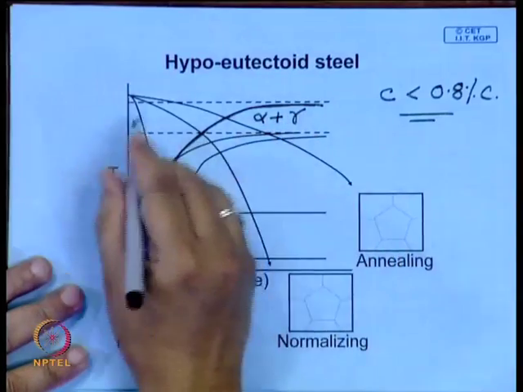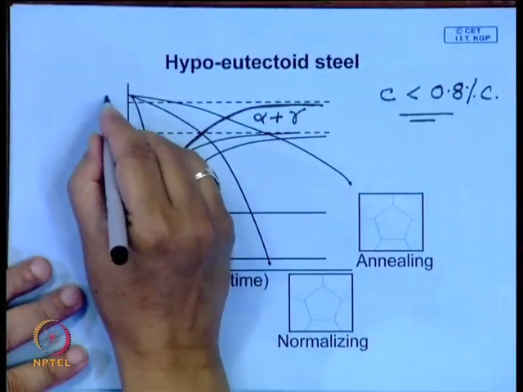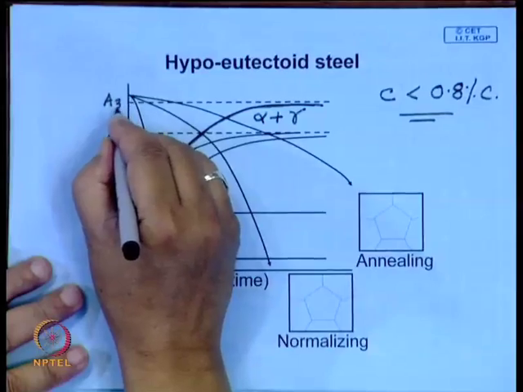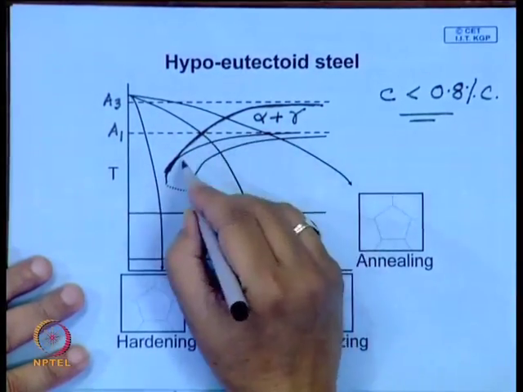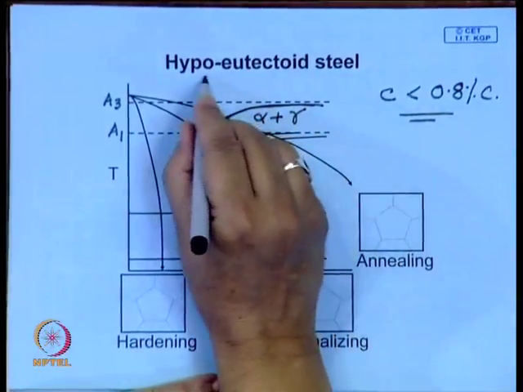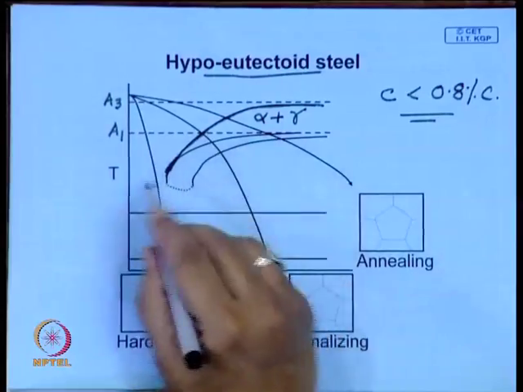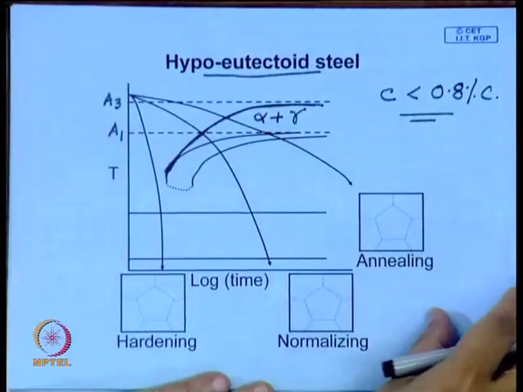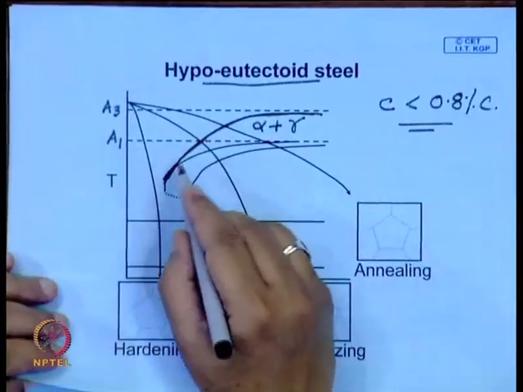So, this is the A1 temperature, lower critical temperature, and this is the upper critical temperature. This CCT diagram for hypo-eutectoid steel, which is drawn over here, will help you in understanding this process.